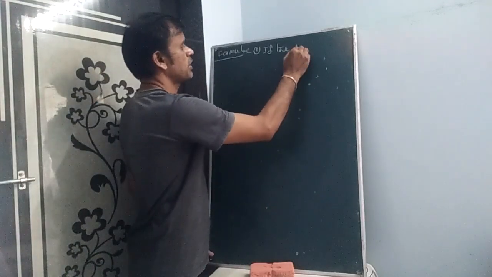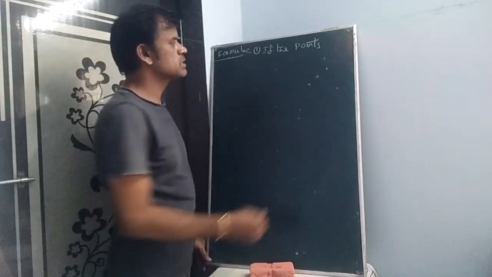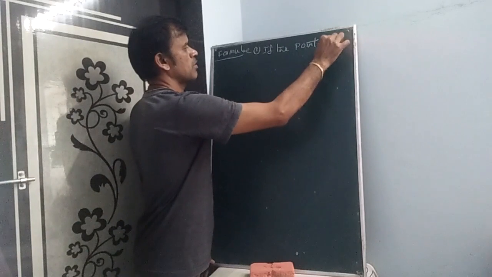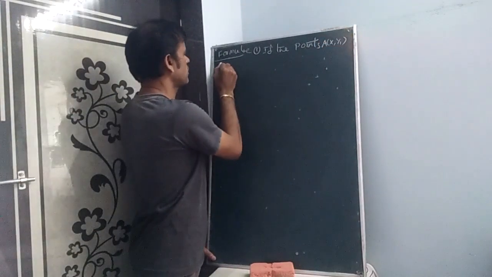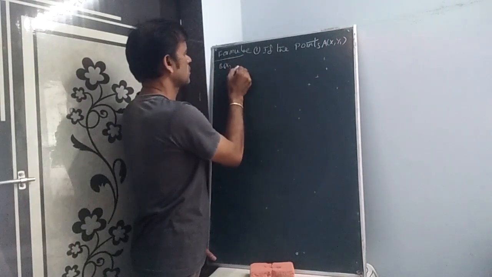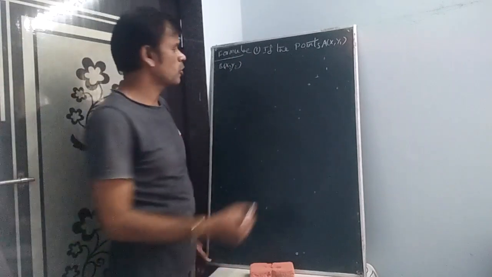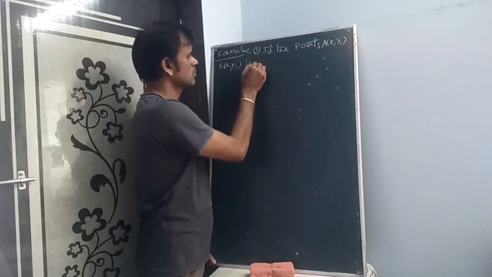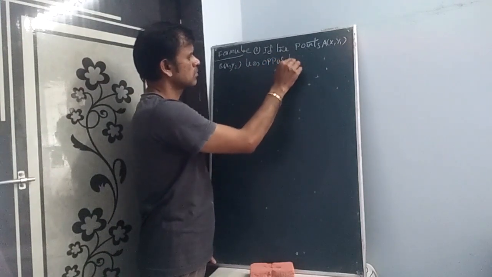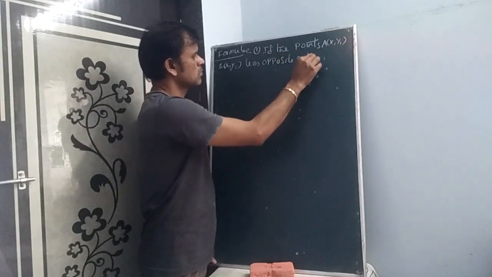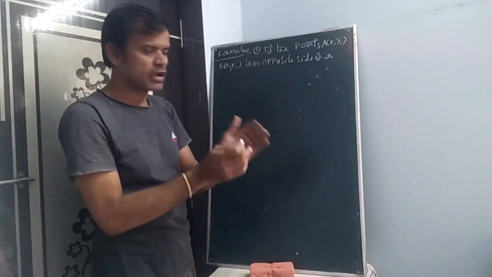If the points capital A x1 comma y1 and capital B x2 comma y2 lie opposite side, now we thought opposite.